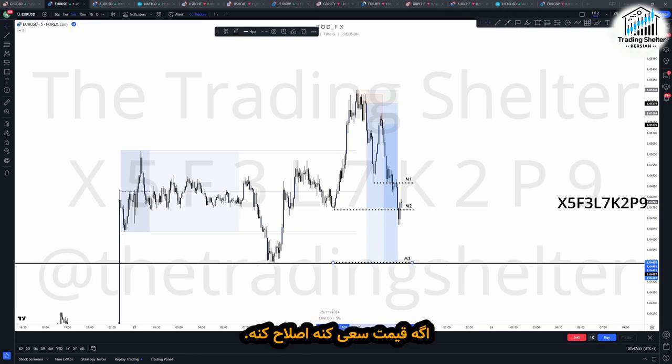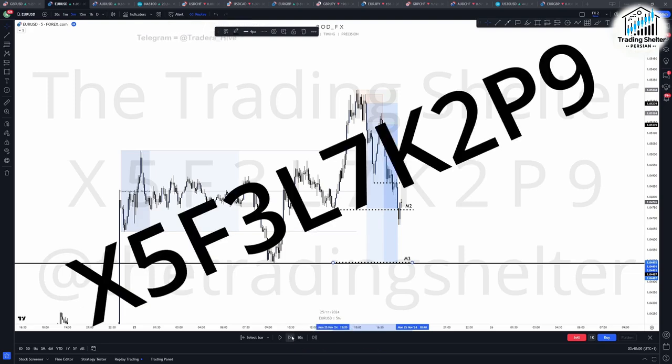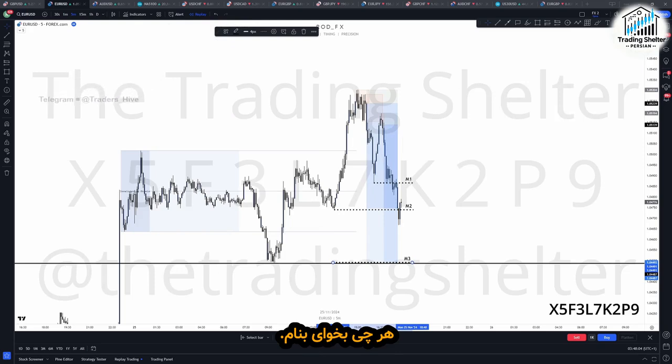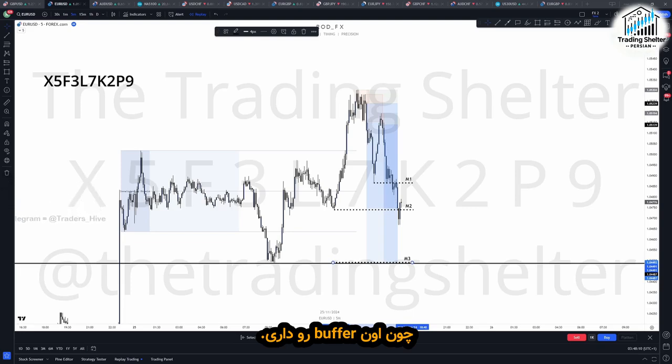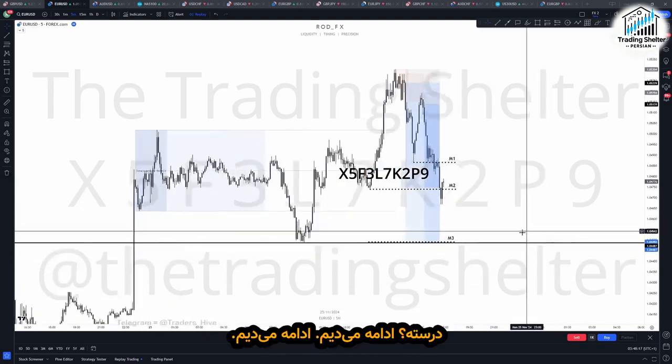If price tries correcting, I take partials. Take money home. Play with the house money, the bank, the casino money, call it whatever you want. You will build so much confidence because of that buffer you have that it will make you a better trader, because you will be involved in more trades, right?